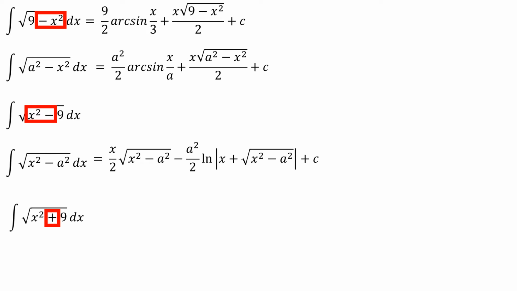So if we have an integral with a square root, and inside the square root is x squared minus a squared, notice we don't end up with anything like arc sine or arc secant or arc cosine, right? We end up with natural log. But every single time, that's what the answer will look like.